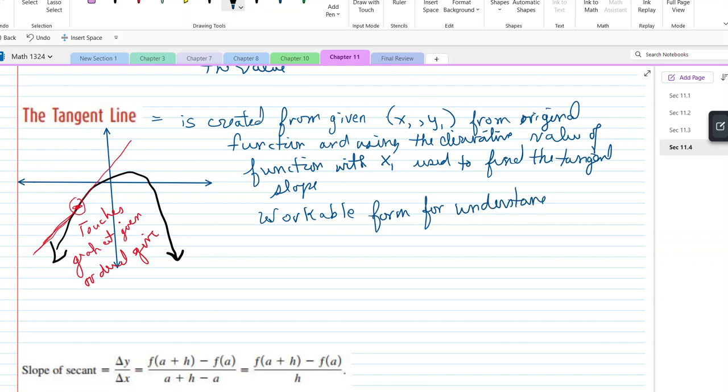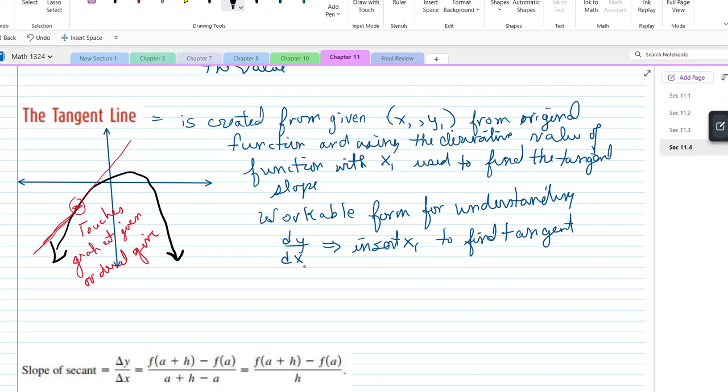All right, here it goes. All right. So once we find the dy dx function, we insert x of 1 to find tangent slope. So our first step is to find the derivative.